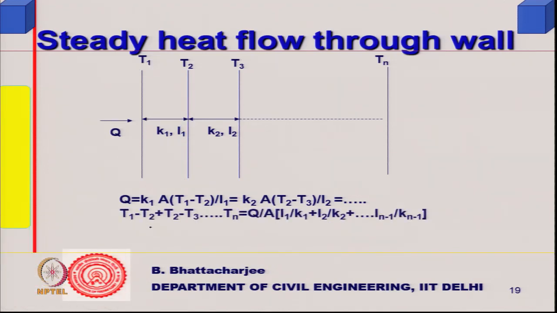So, T1 minus T2 plus T2 minus T3, etc., will be Q by A, which is common everywhere, times L1 by K1 plus L2 by K2, etc. I will be left with this.